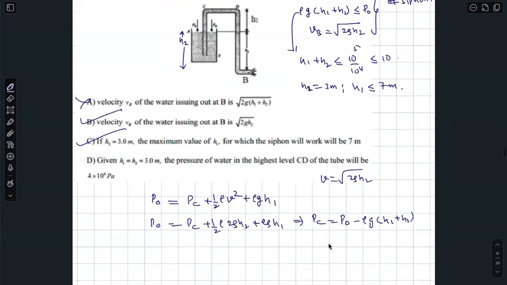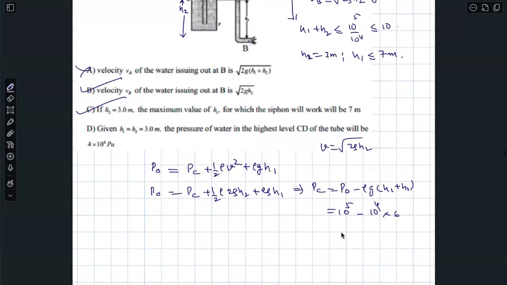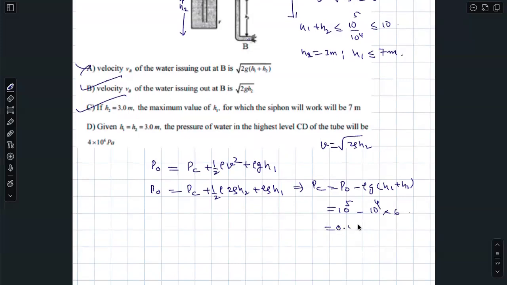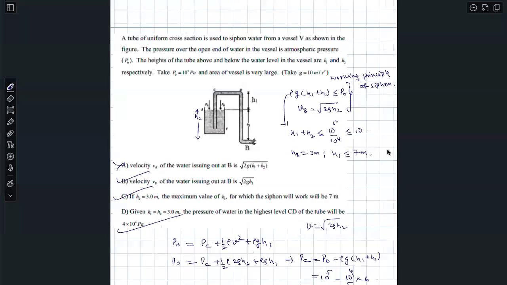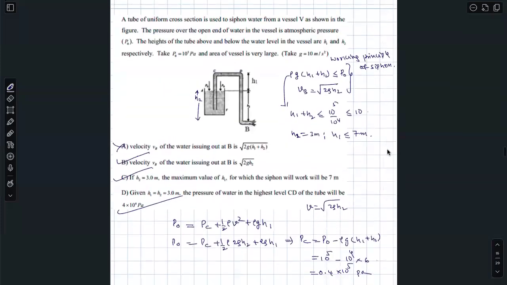P naught is 10 to the power 5, 10 power 4 times 6, so 0.4 into 10 to the power 5 Pascal. Please confirm whether you understood this or not.